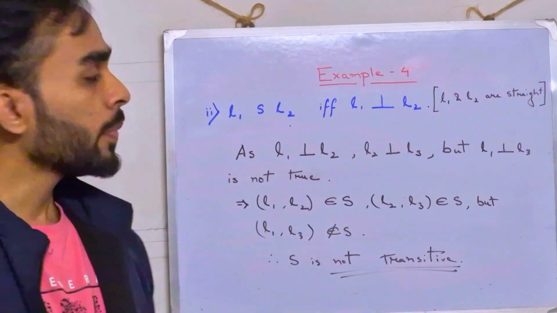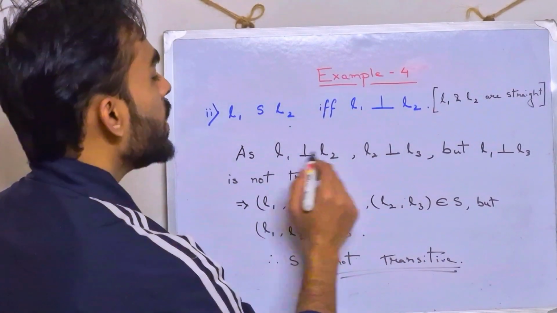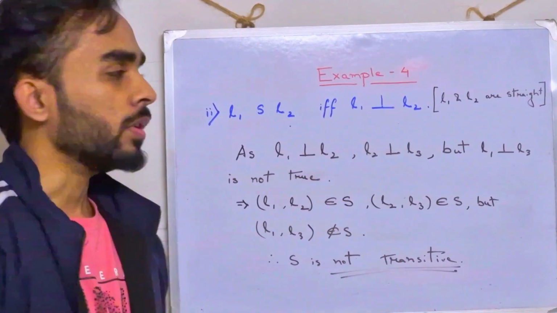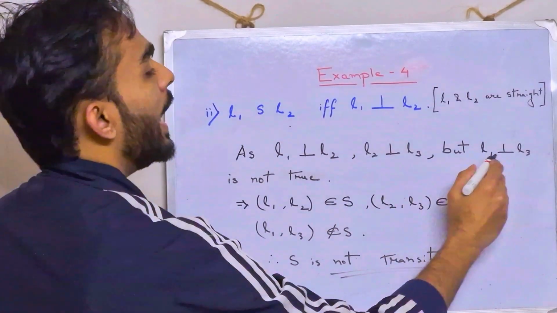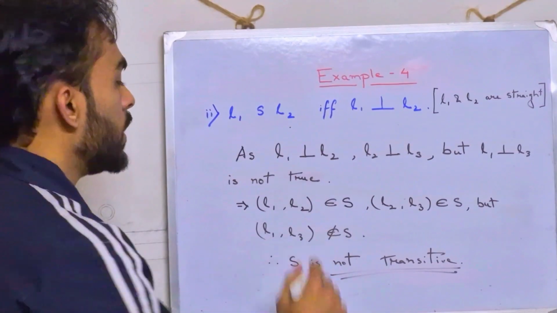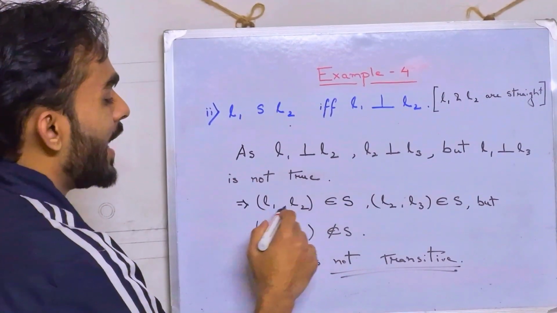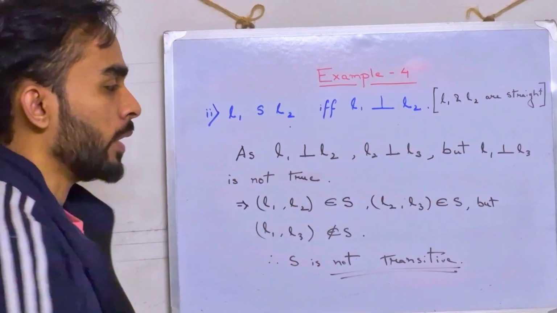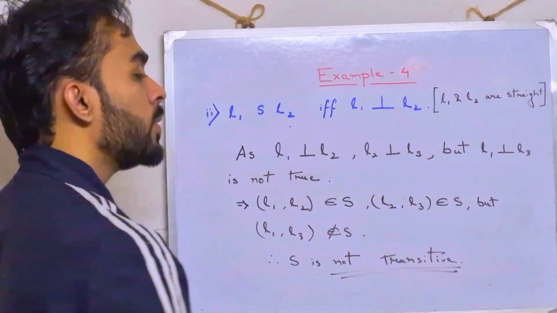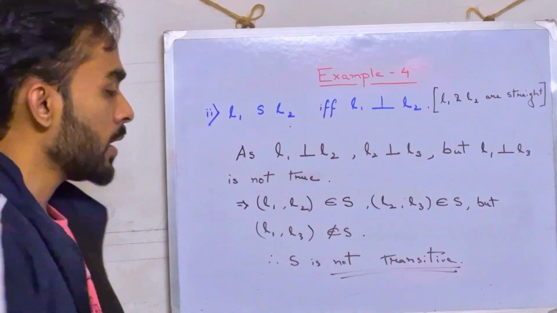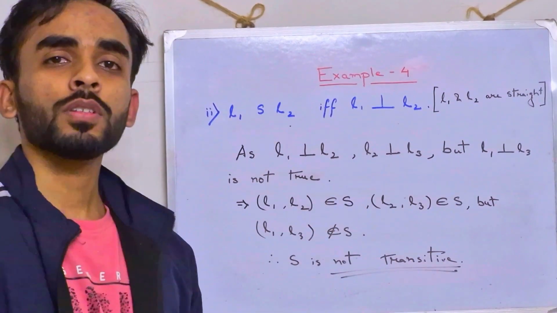Look how I have written. As L1 is perpendicular to L2, L2 is perpendicular to L3, but L1 perpendicular to L3 is not true. So L1 comma L2 belongs to S, L2 comma L3 belongs to S, but L1 comma L3 does not belong to S, therefore S is not transitive.